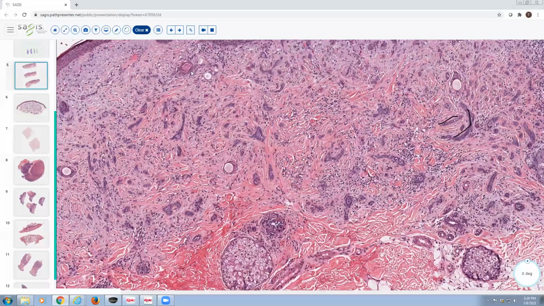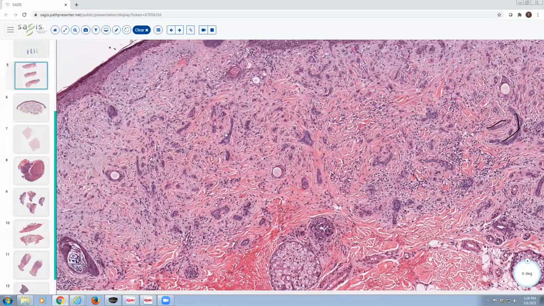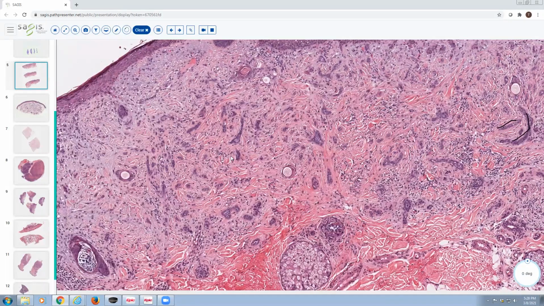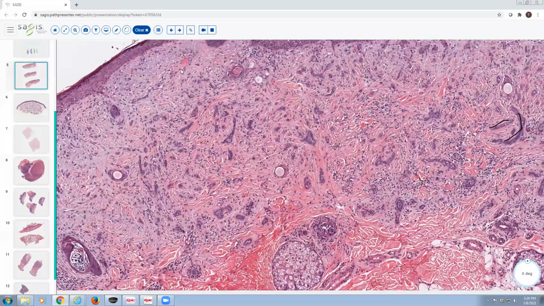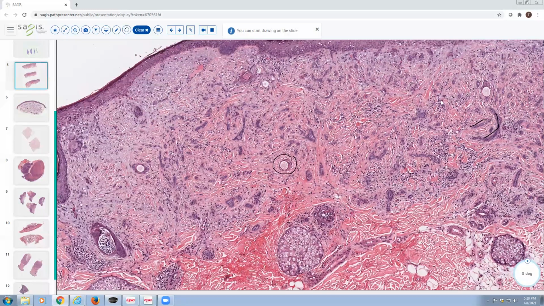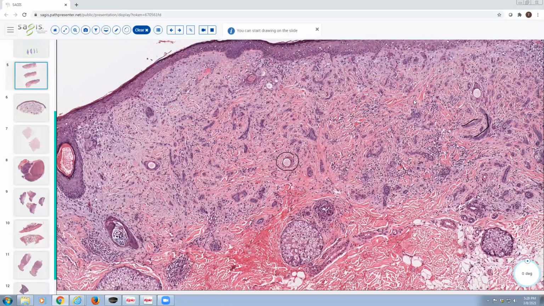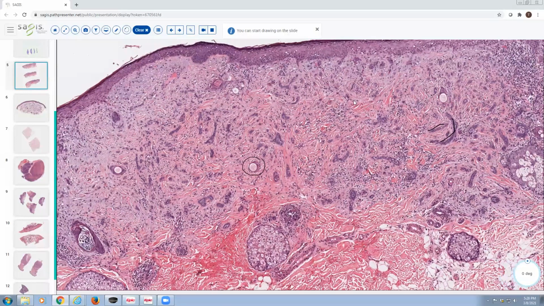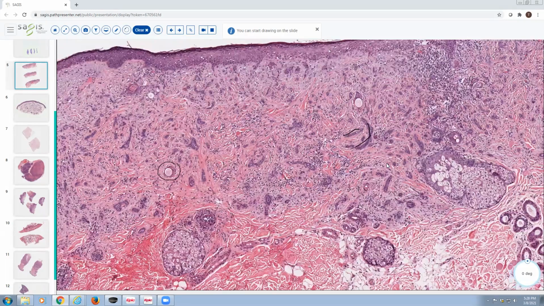Okay, so you've got your cellular and fibrotic stroma, and the strands are very narrow. Notice also that we have some infundibular cysts, or small cystic structures, which indicate more terminal differentiation. That's typical of Desmoplastic trichoepithelioma.